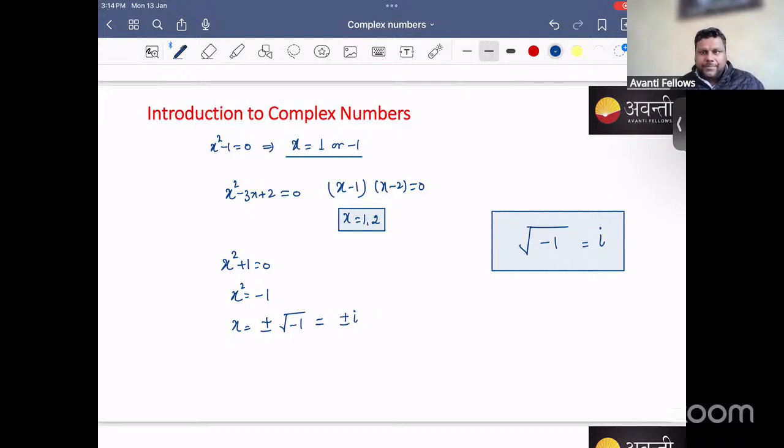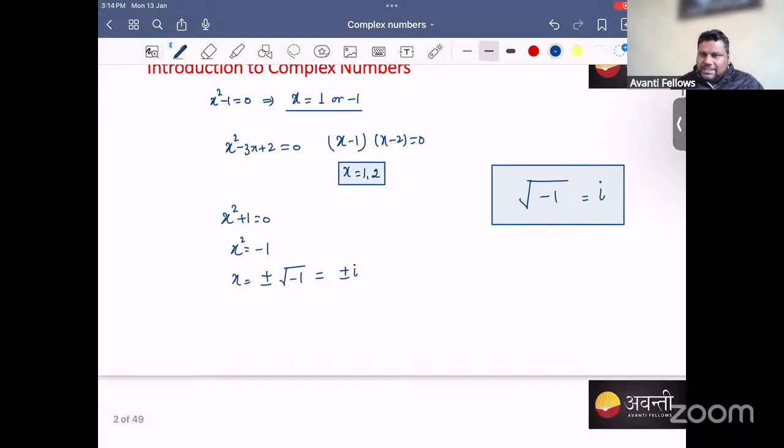Am I clear? So this is where now this iota, this is what we call the coefficient of imagination, and its value is under root of minus 1, which is not a real value. All right. Just have a look at it quickly.